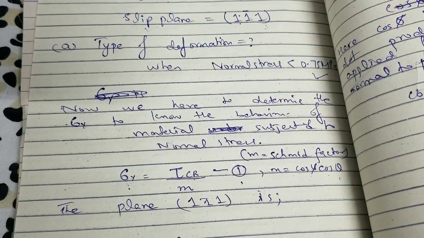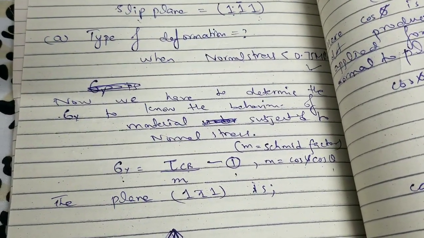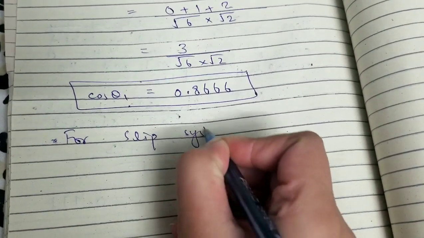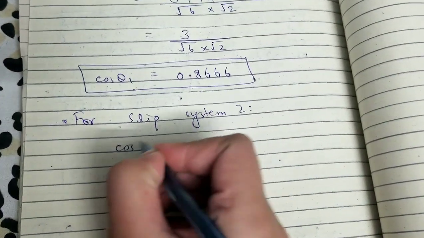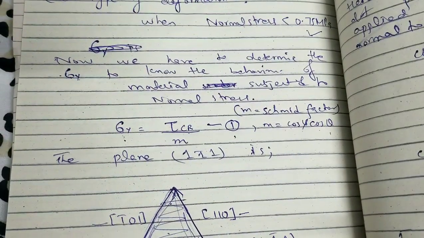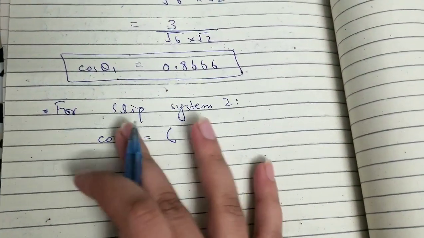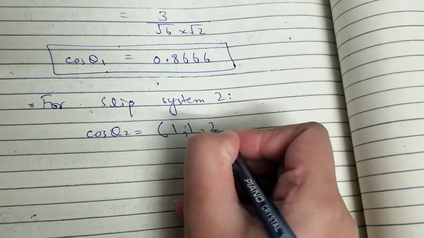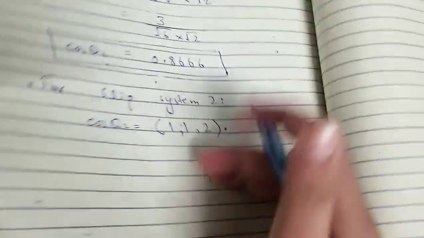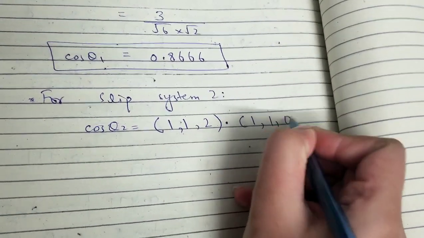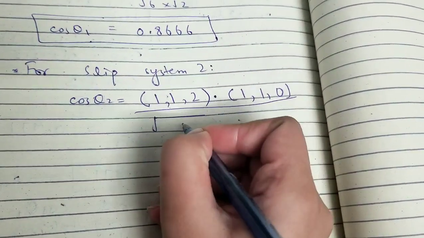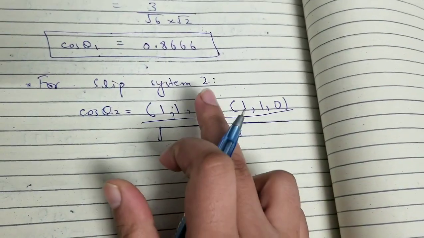Now we are going to find the value of cos theta 2 for slip system 2. For slip system 2, cos theta 2 is equal to, I will write it in terms of coordinates, the direction of force 1 1 2, and we'll take the dot product with 1 1 0, which is slip direction number 2, and we'll divide it by the magnitude of these vectors.